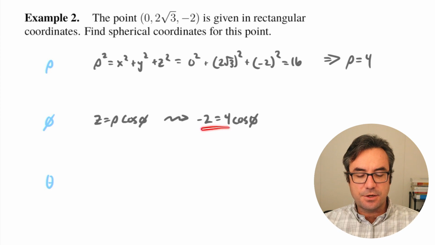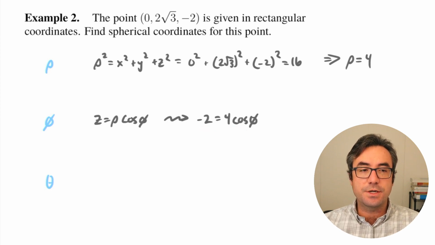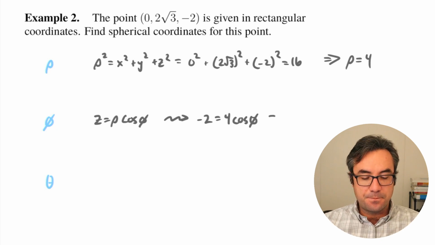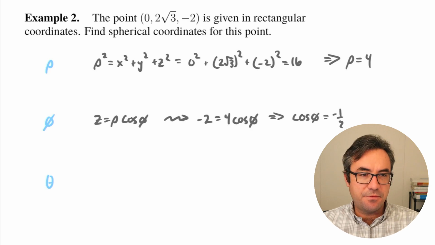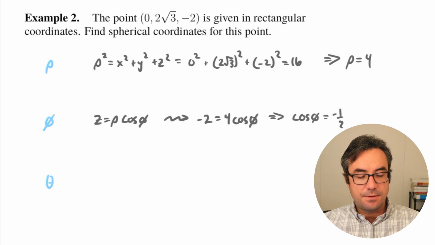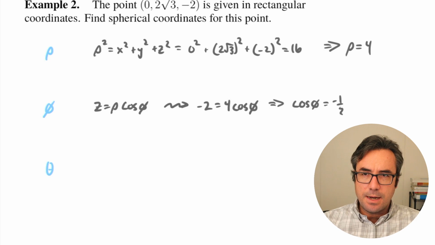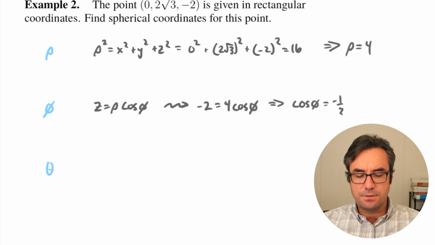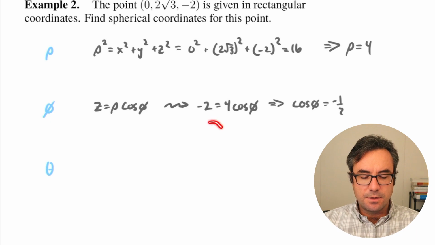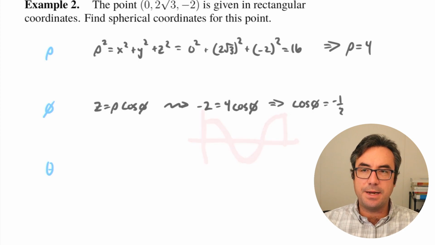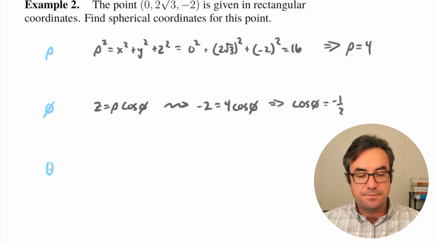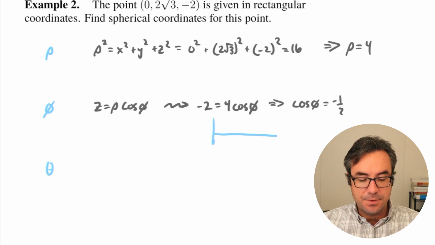If we solve this equation for the unknown trig term, we end up with cosine of phi is equal to -1/2. So divide both sides by 4. Well, let's think about what cosine looks like. Actually, let's draw this one out.